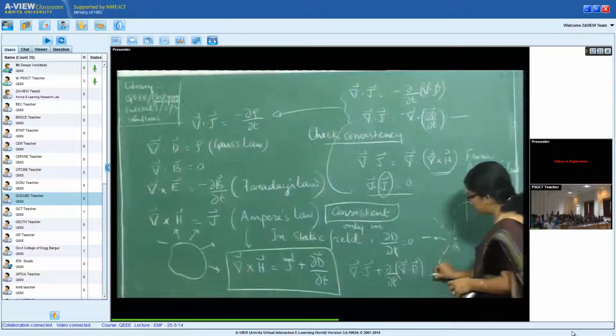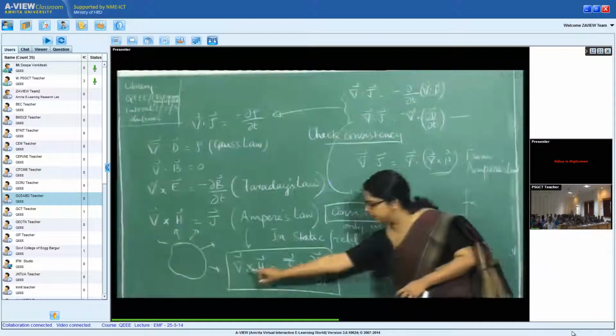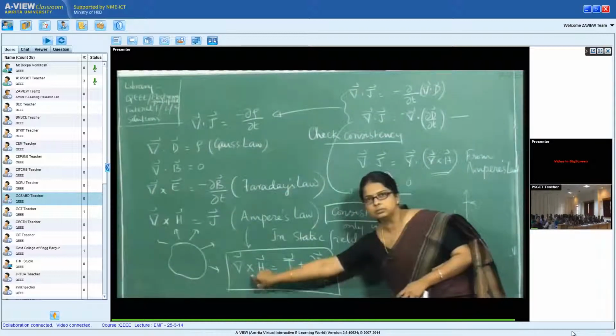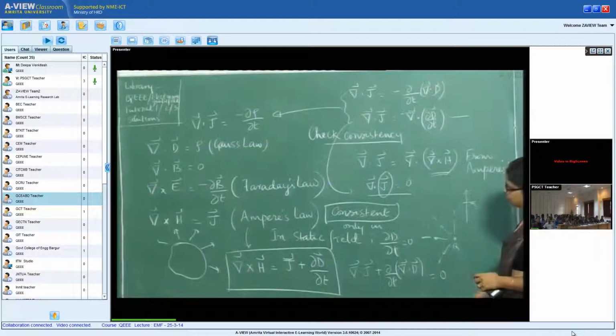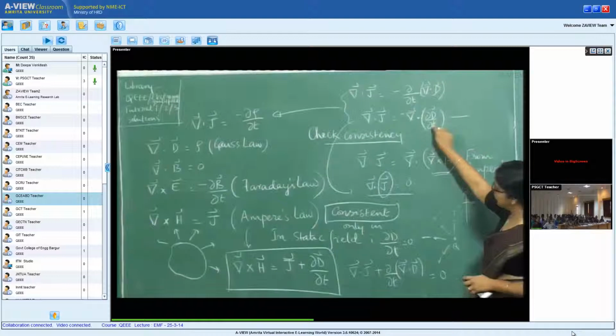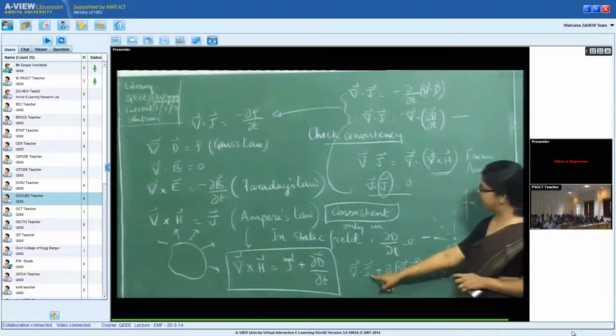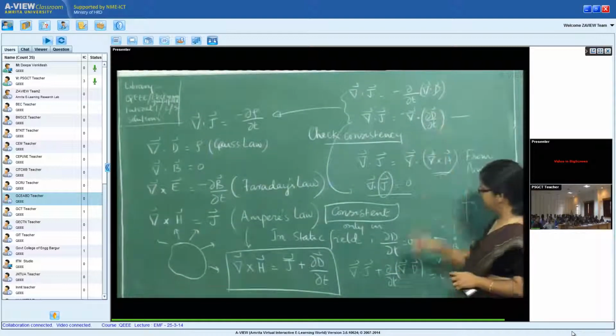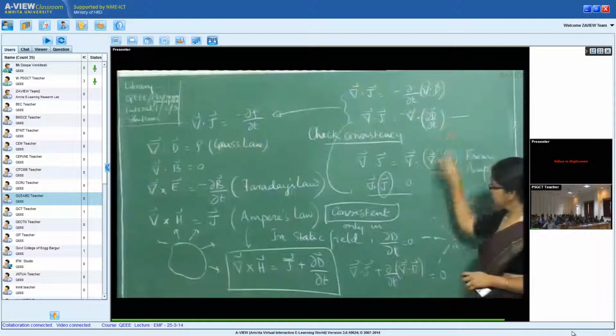And the left side is 0, because here again the divergence of curl is 0. Now from equation of continuity, I have divergence J is negative del D by dt. These two are the same.